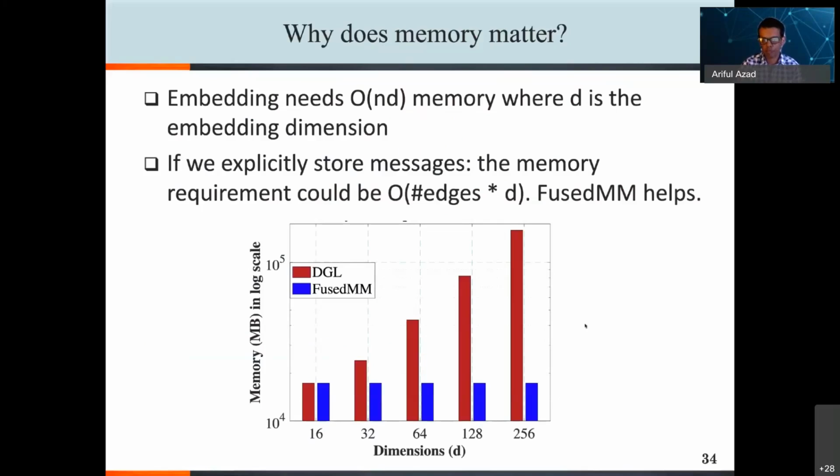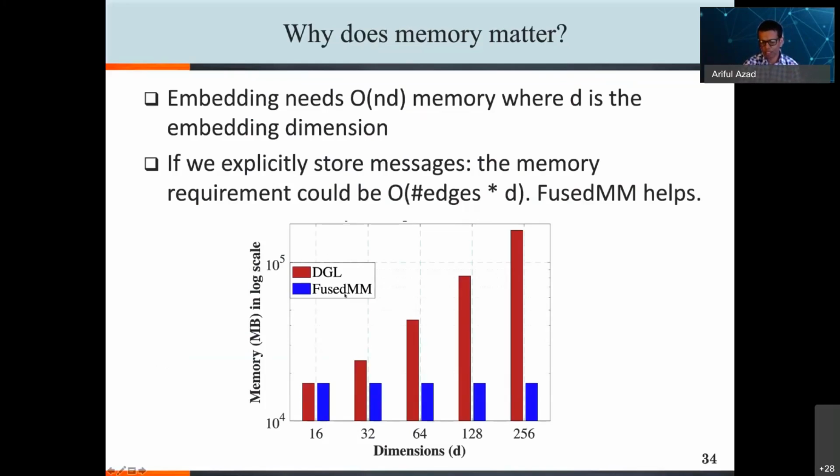If we have separate operations like SDDMM, edge-wise message generation, and then aggregation, then our memory requirement can be on the order of the number of edges times D, where D is the embedding size. If we have vector messages, it can consume a significant amount of memory. Here is one particular example. Here DGL represents Deep Graph Library, and they have these separate kernels.